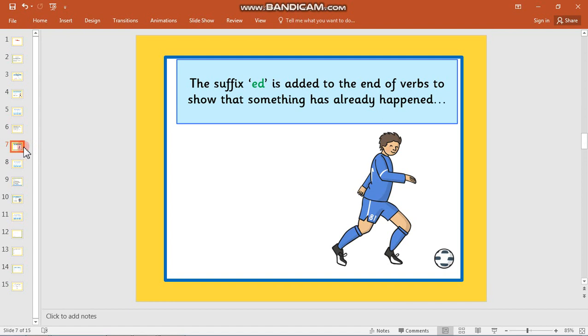Here is another example of a suffix. The letters E and D, the suffix ed. Can you please add this to the end of verbs to show that something has already happened?